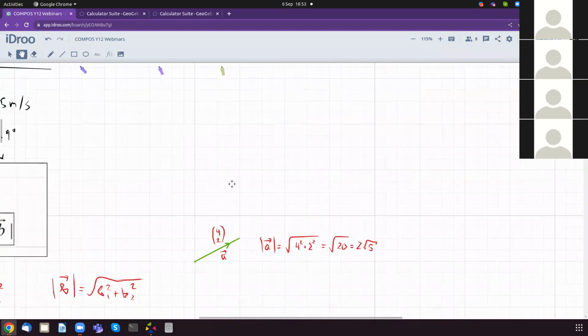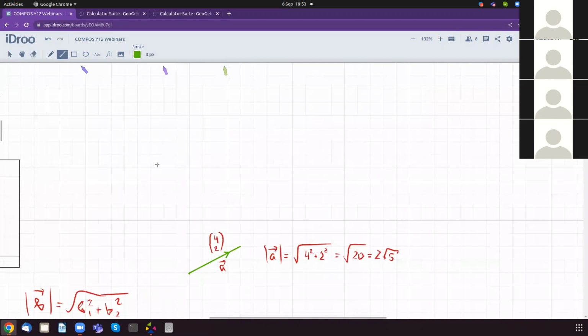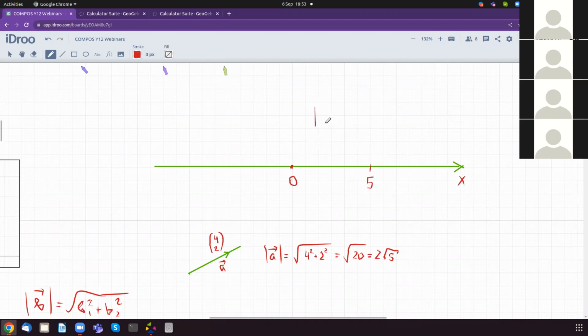It makes perfect sense, because look, the absolute value by definition is, if you take 0, and if you take a point on the axis, let's say x, modulus x is the distance to 0.